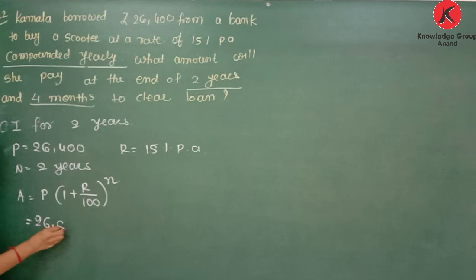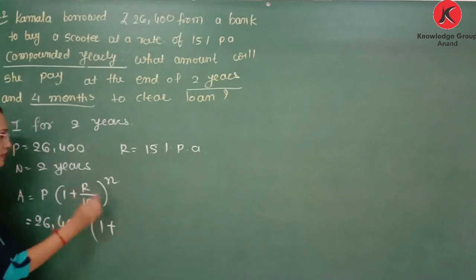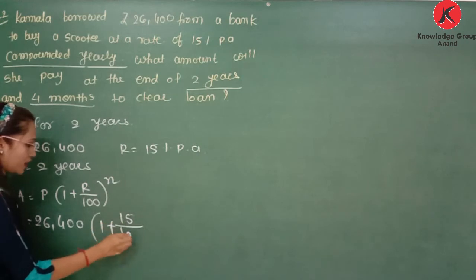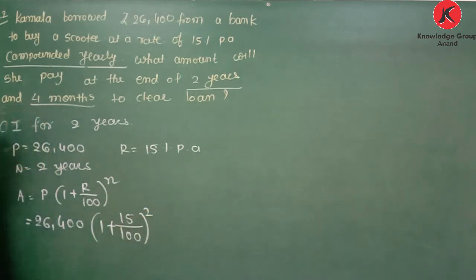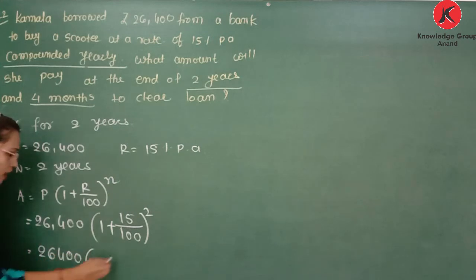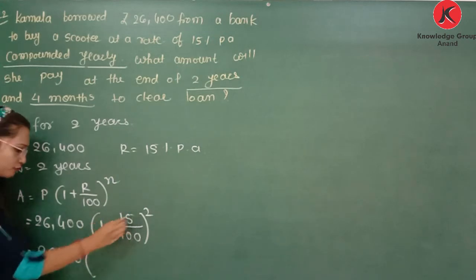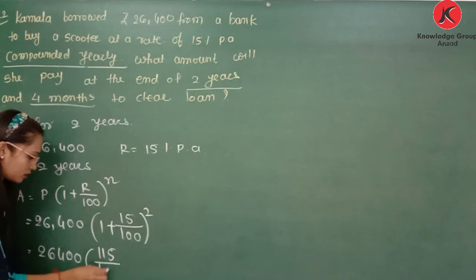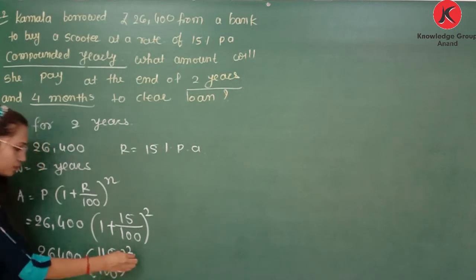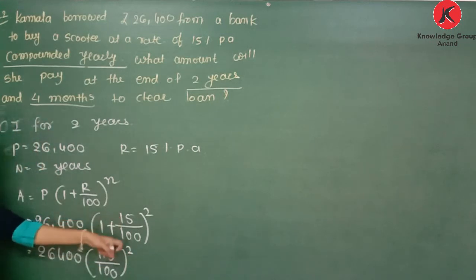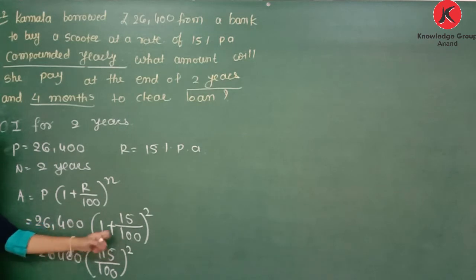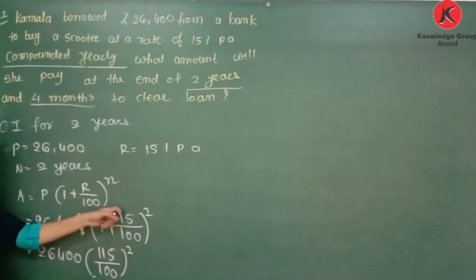Principal value is 26,400, 1 plus rate of interest, 15 divided by 100, raised to 2. Now here 26,400, 100 plus 15, that is 115, divided by 100 raised to 2. You can cancel out the common factor, then it is also correct, or you can directly write 100 plus 15.